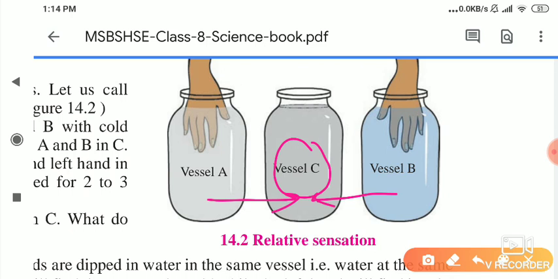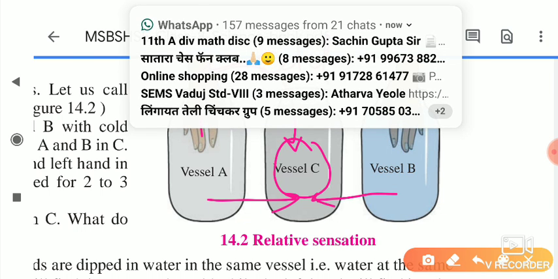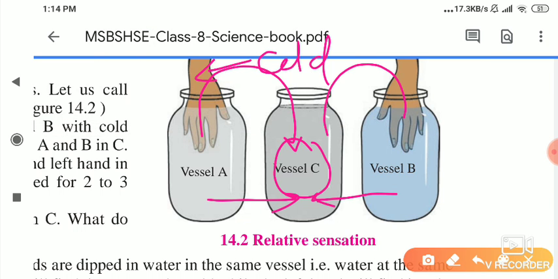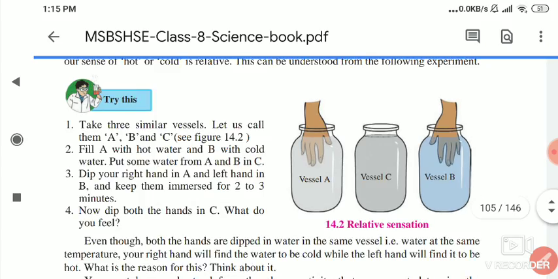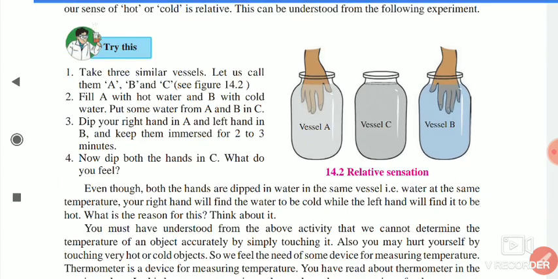So if you put your hand from vessel A into C, you feel it is cold, and the hand from vessel B, where the temperature is very low, feels hot when put into vessel C. Your hand feels hot, but the temperature is same, and your feelings are different because of the water you previously used.